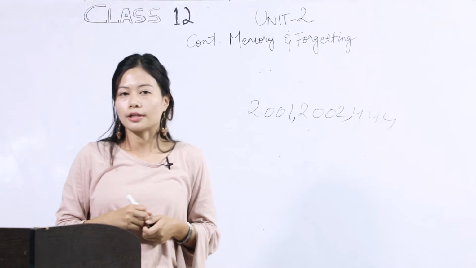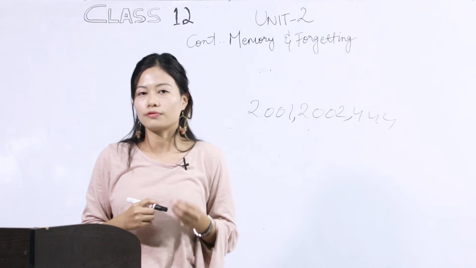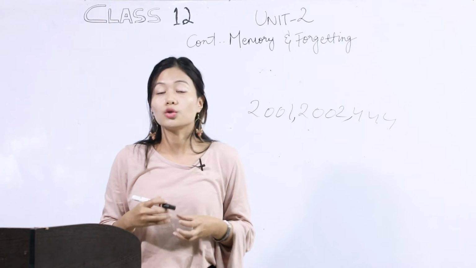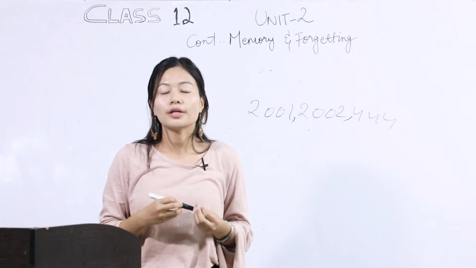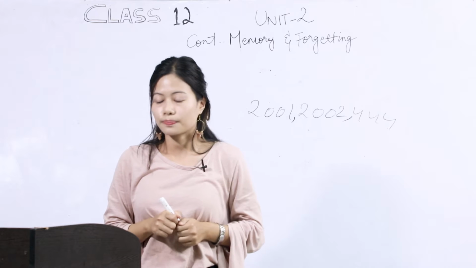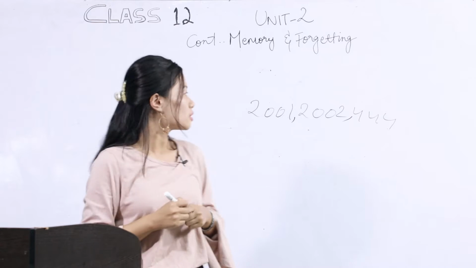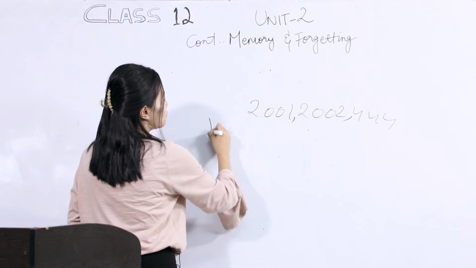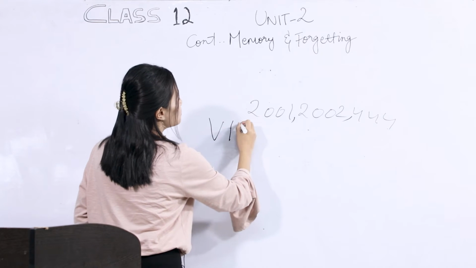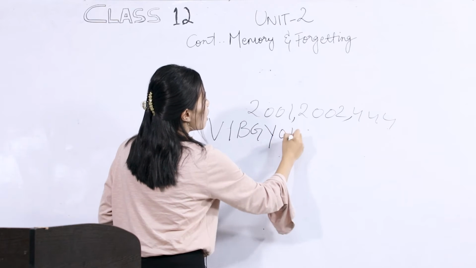In this technique, you need to pick the first letter of each word that you want to remember and arrange them to form another word or a sentence. For instance, the colors of a rainbow can be remembered as VIBGYOR.